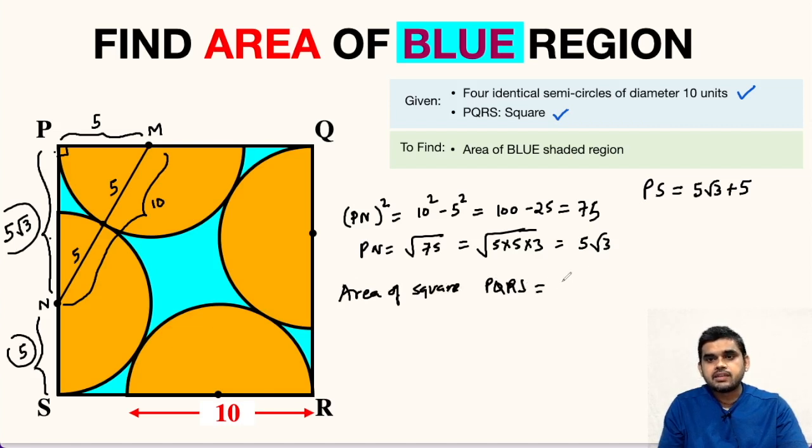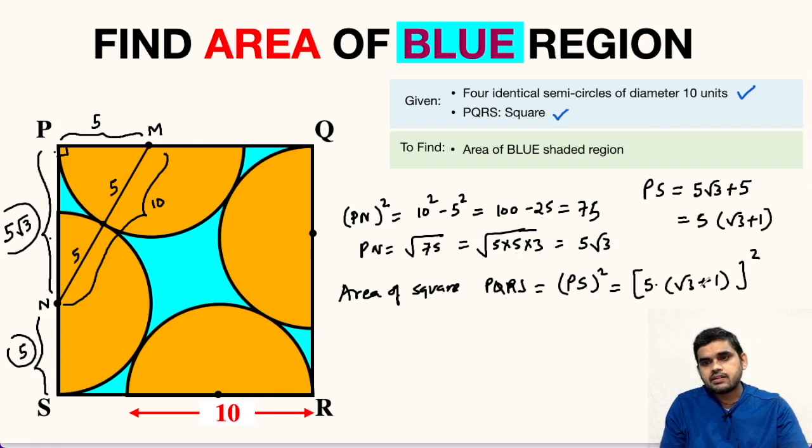So it will be equal to PS whole square, or we can take 5 common here. So this will be root 3 plus 1. So here it will be 5 times root 3 plus 1 whole squared. Let us simplify this. So 5 square will be 25, and this will be root 3 plus 1 whole square.